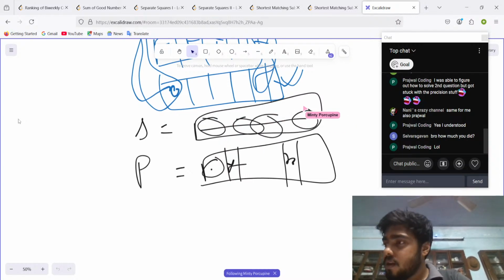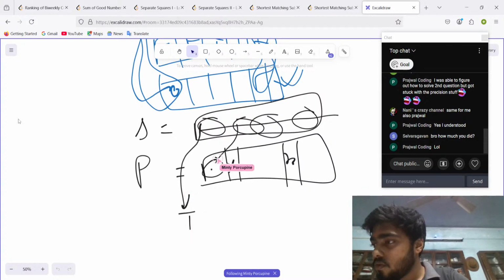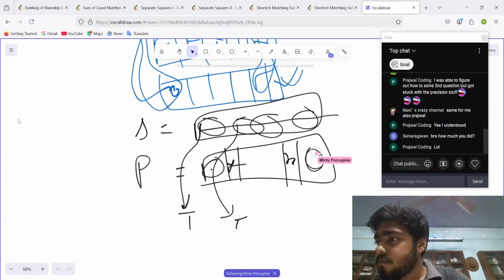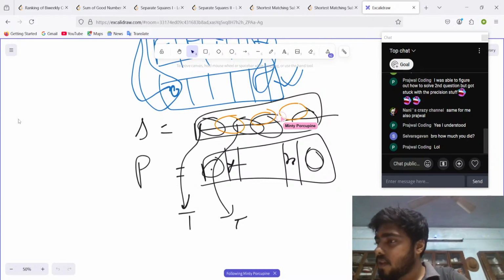These positions, the starting positions, you can write as true, and this occurs over here, here, and here. So those positions we can write as true, the starting positions.